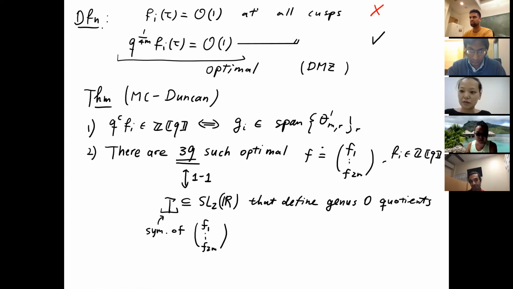Also via numerical experiments, but I think we actually proved that there's a finite number of them. Okay, great, thank you.